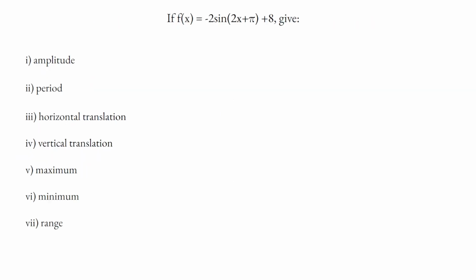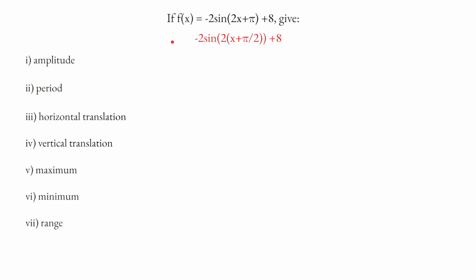Now, how can we find the amplitude, period, horizontal translation, vertical translation, maximum and minimum points, and the range of a given function? First, let's factorize this function into the aforementioned form. So we'll have a, b, c, and d.